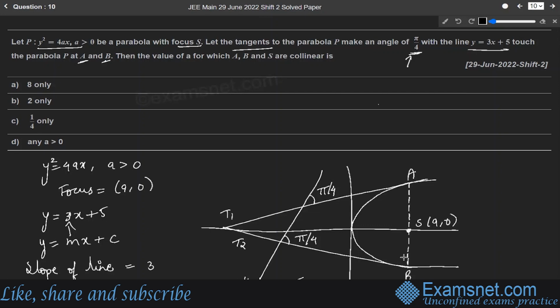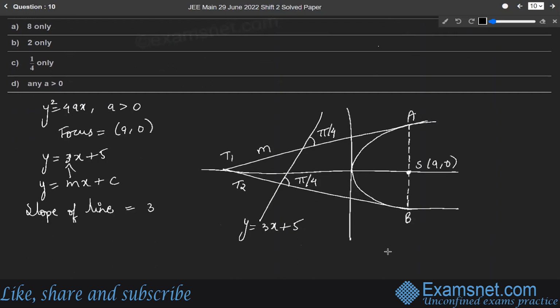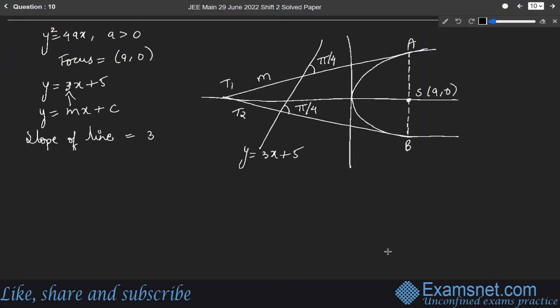Now let us consider the slope for tangent T1 to be m, right? When we have two different slopes and an angle, then we can use a formula for tan theta. Do you know what is the formula for tan theta when we have two different slopes? Tan theta is equal to mod of m1 minus m2 divided by 1 plus m1 into m2. Here, what is m1?